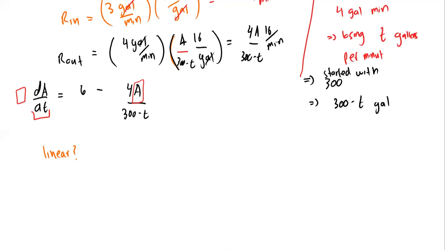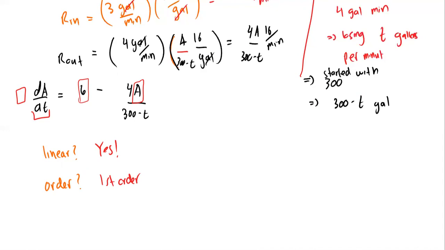Well, that works because what's in front of it is 4 divided by 300 minus T. That's an expression that only involves constants and the independent variable. Look at whatever's left. It doesn't have derivatives, it's not multiplied by anything. If that doesn't have the dependent variable, then it works. 6 is a constant, there's no dependent variable. This is linear. What's the order? Well, there's one derivative, so it's first order, because the highest derivative is the first derivative.